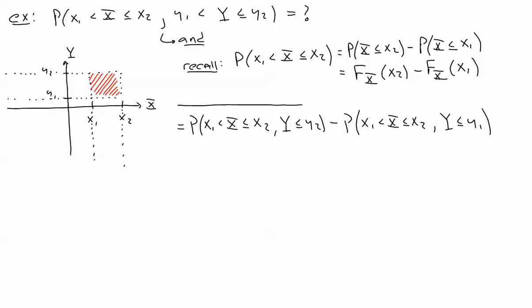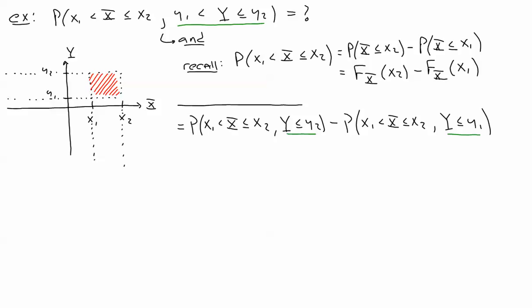Okay, I can split up the probability of y lying in this range by subtracting these two probabilities. All right. I can do the same thing.